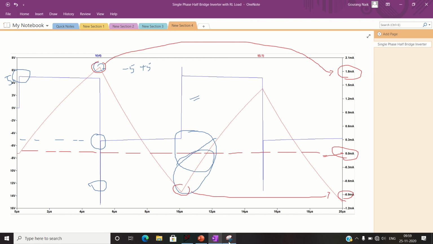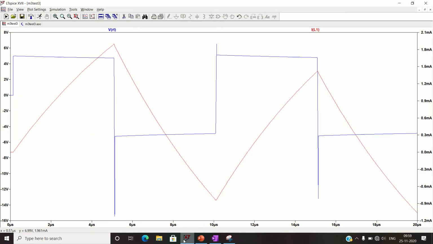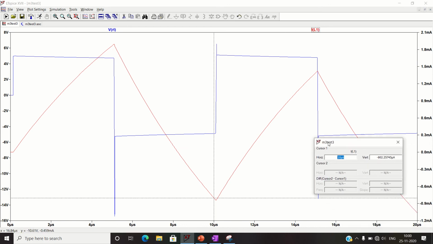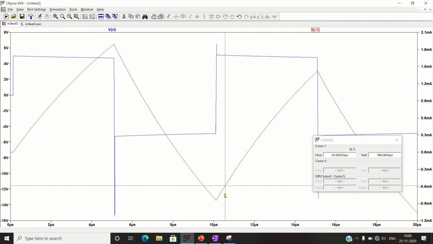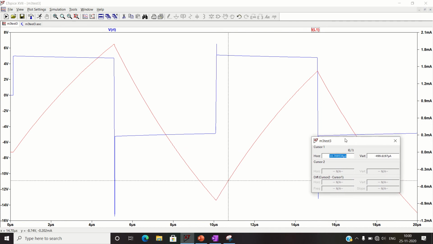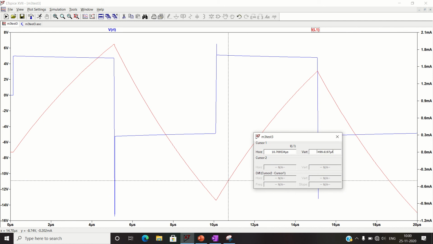I will show you with values. So if you come here, you can see it shows current of minus 0.5 milliampere.